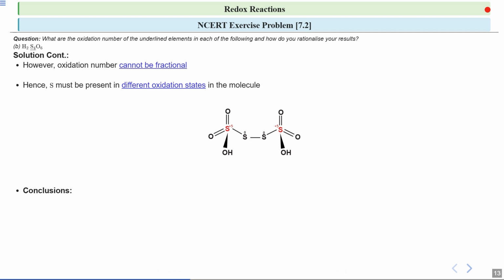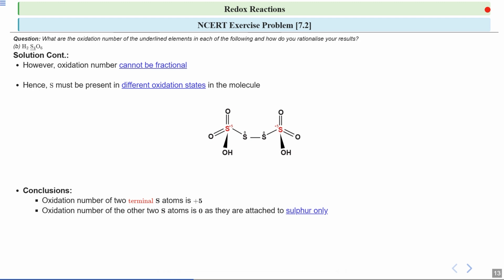As a result, the terminal sulfurs will have an oxidation state of plus 5. How? Because each is attached to 2 oxygens and 1 hydroxide. So the 2 oxygens will give minus 4 and the 1 hydroxide will give minus 1, so a total of minus 5 can be satisfied with a plus 5 oxidation state. That can be said for both terminal sulfurs.